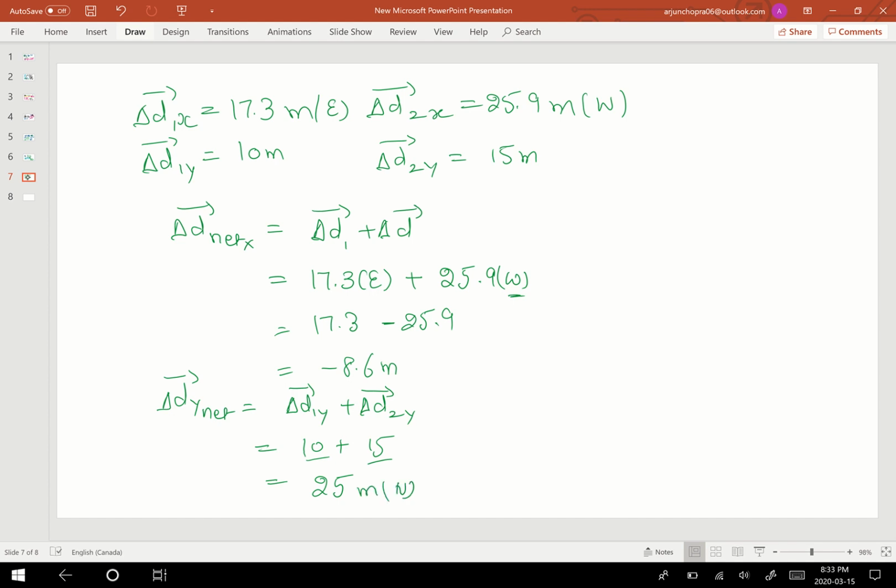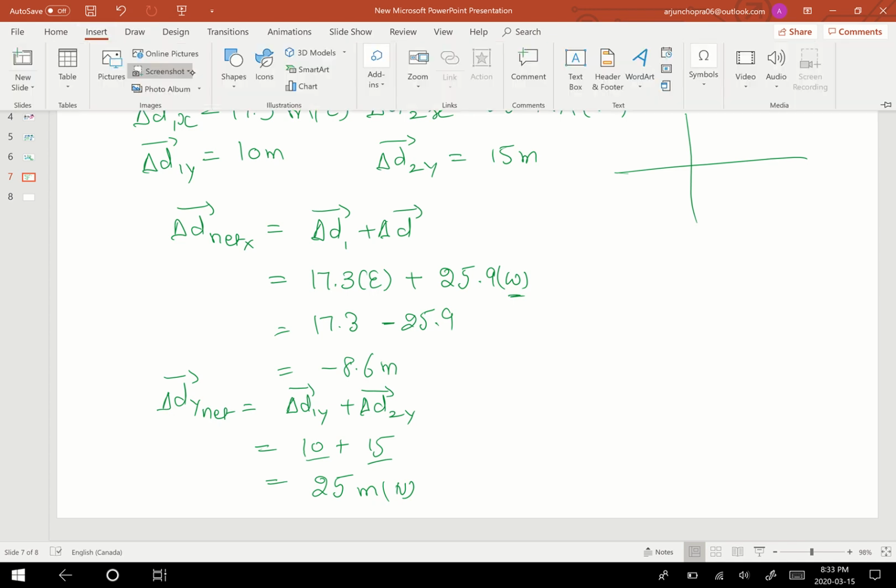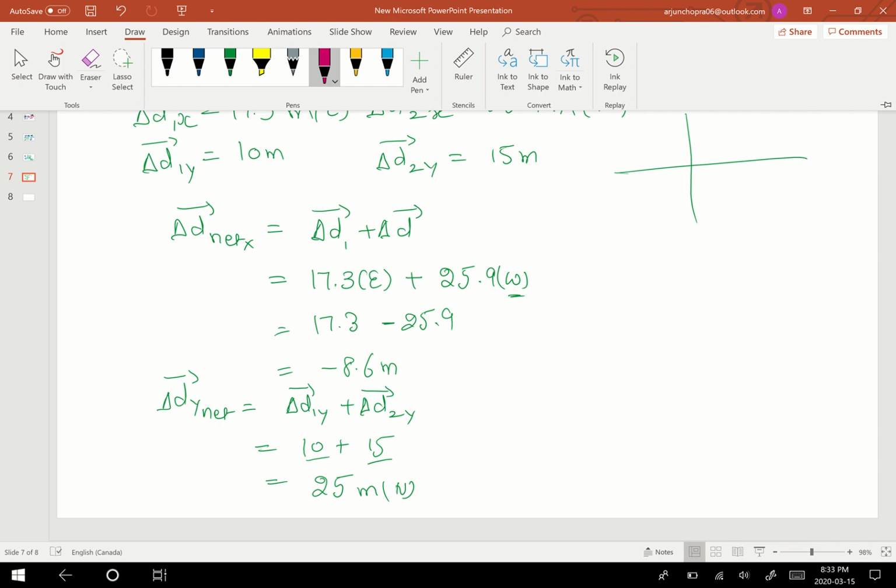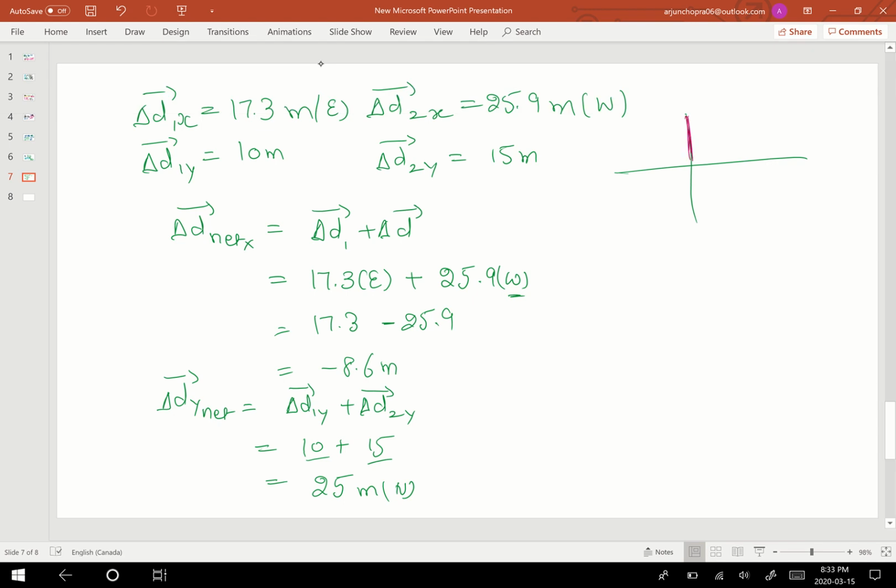So I'm going to draw these two values again on a navigation system. So I'm going to change the color. So the y component is 25, and the x component is negative 8.6, so 8.6 west.